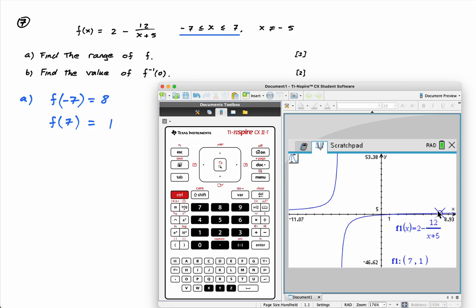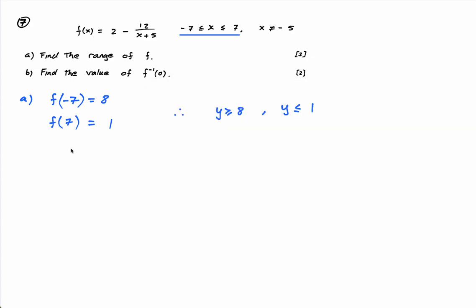In between 1 and 8, there is no output because there's no x value between -7 and 7 that you can put into this function and get an output of, for example, 3. Okay, anyway, that's part A. That was a bit complicated.